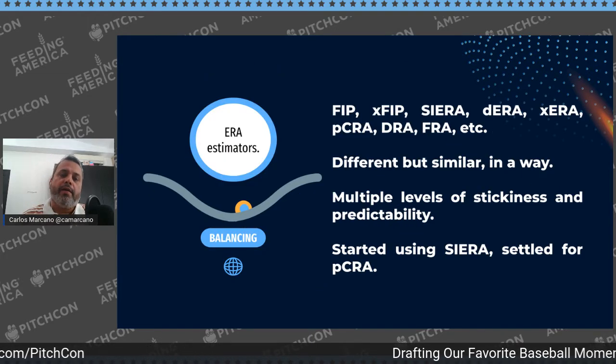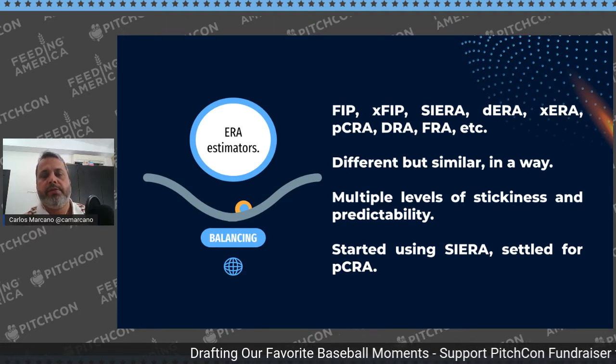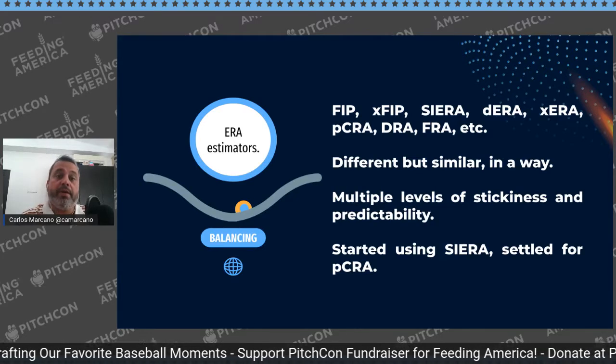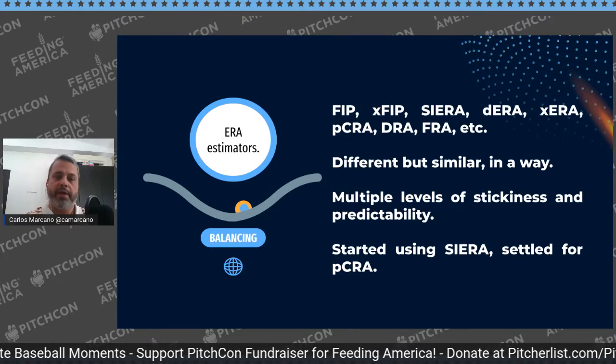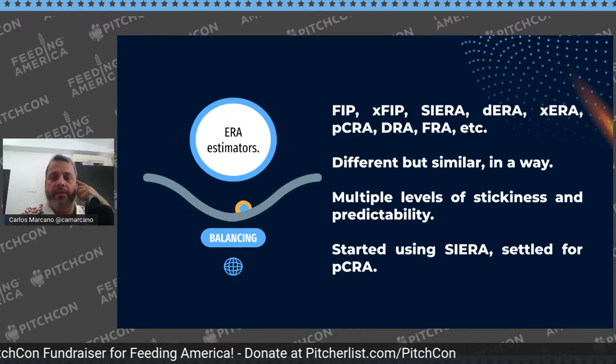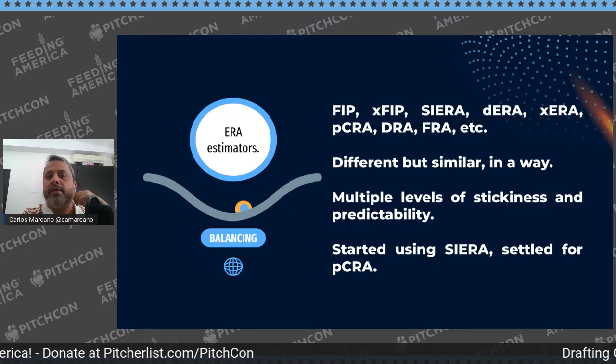And the third leg of this table goes to the ERA estimators. We have a good quantity of ERA estimators. There's FIP, xFIP, Sierra, DRA, xERA, PCRA.